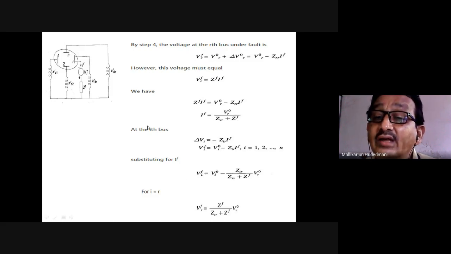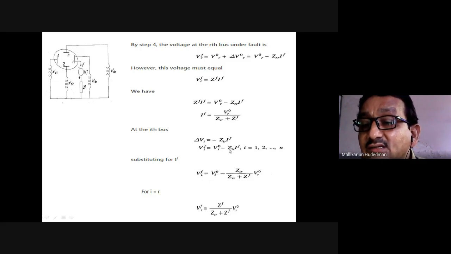Now I can write any bus voltage after the fault. If I call VIF the voltage of the ith bus after the occurrence of fault, VIF equals VI0, its initial voltage, minus this term ZIR IF. I am trying to generalize for the ith bus, where I is 1 to n; it can be R also. So this is the voltage noticed at the ith bus.